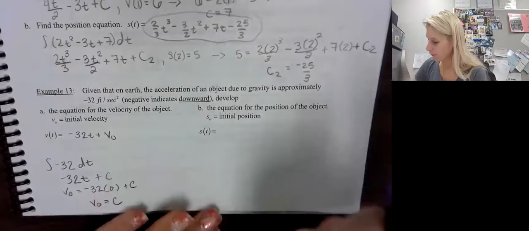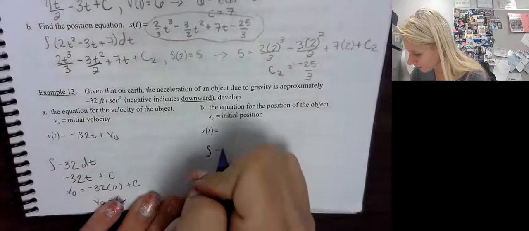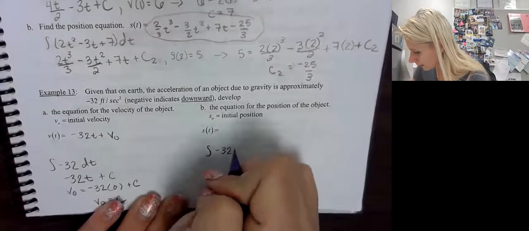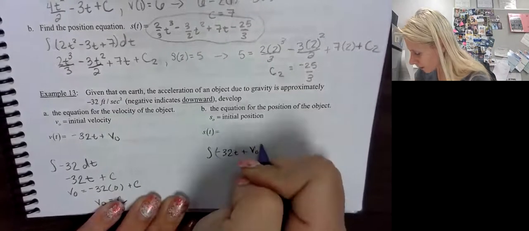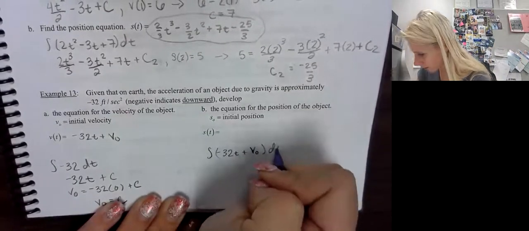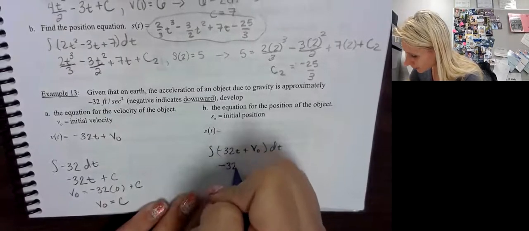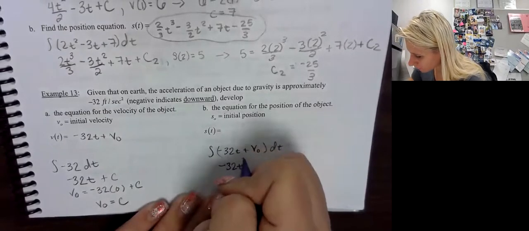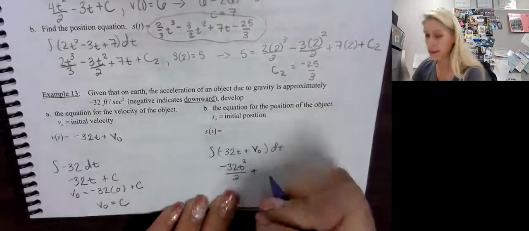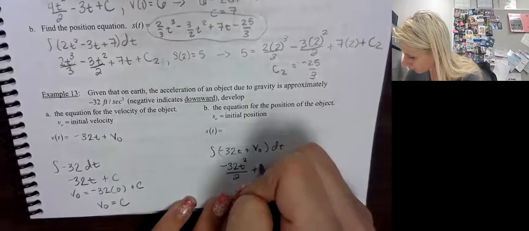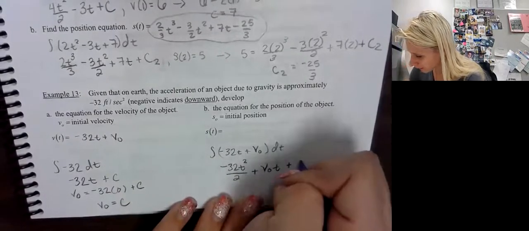Let's do the same thing for the position. So integral of negative 32 t plus v sub 0 dt. I get negative 32 t, add 1 to the exponent, divide by that exponent. v sub 0 would be a constant, so we're going to go v sub 0 t, and then plus c.